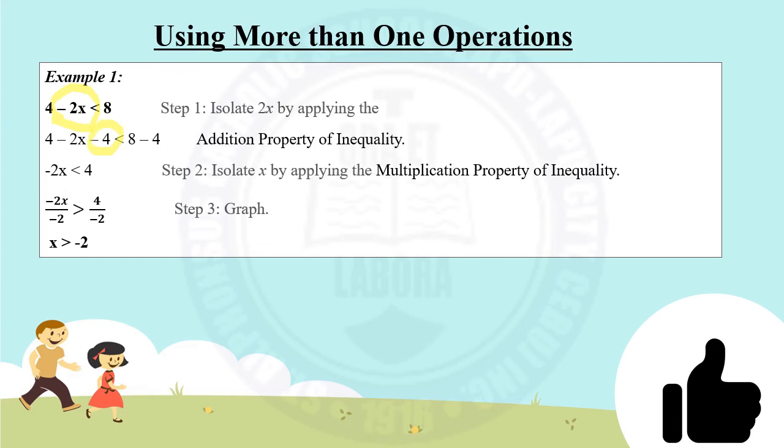And from the time you add -4 to the left side, you also add -4 to the right side to make it balanced. 4 minus 4 is 0. Cancel out. Remaining will be -2x. 8 minus 4 is 4. So that will be -2x less than 4.